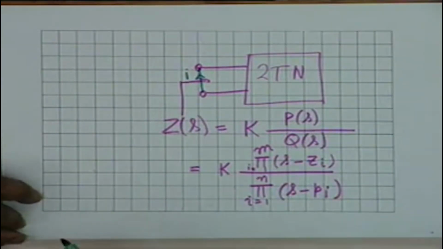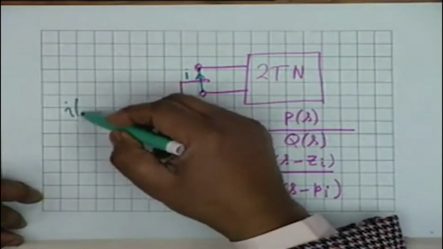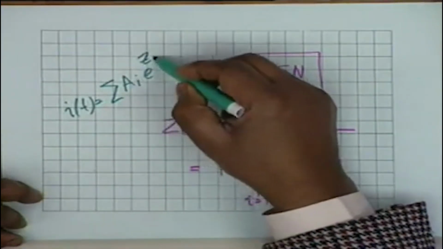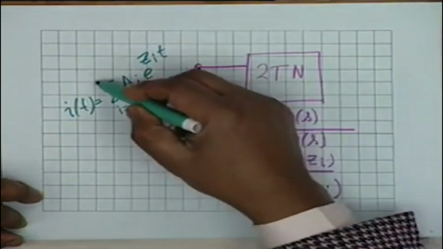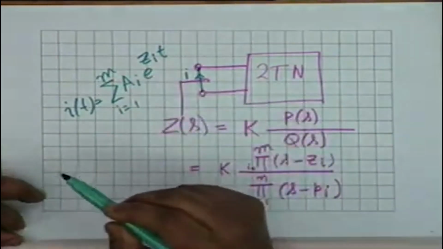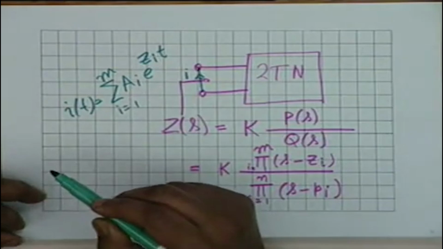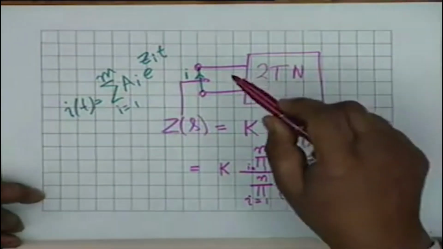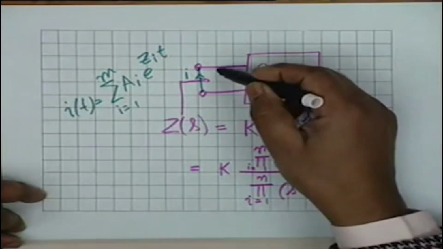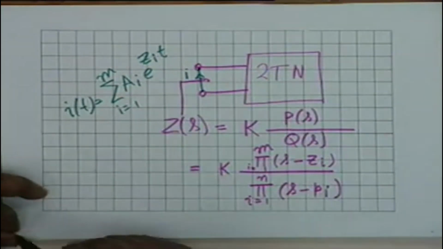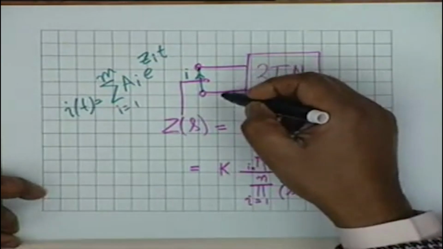And therefore, if the terminals are short circuited, then the natural current response shall be of the form summation ai e to the power zit, i equal to 1 to m. The poles do not come into play, where you have to determine the constants ai from the initial conditions. On the other hand, if you wish to find out the response of the voltage across these two terminals, then you leave it open and you determine the voltage across this.